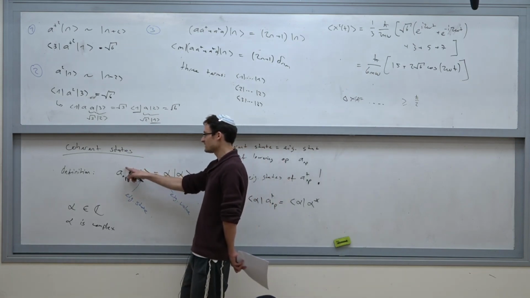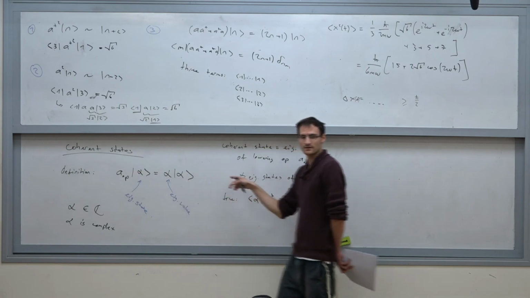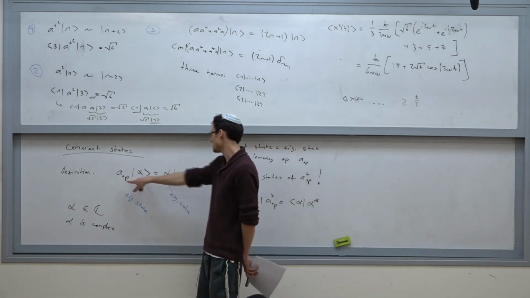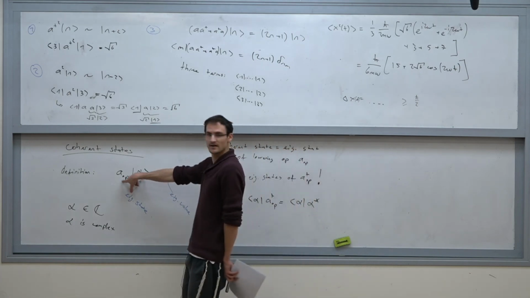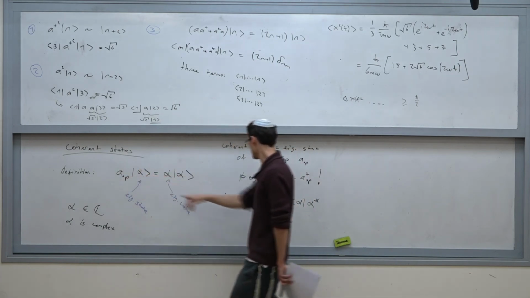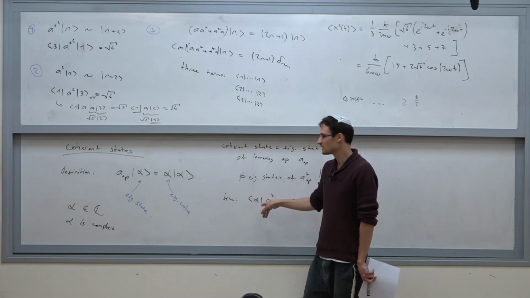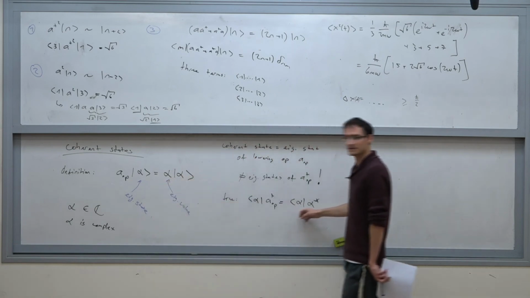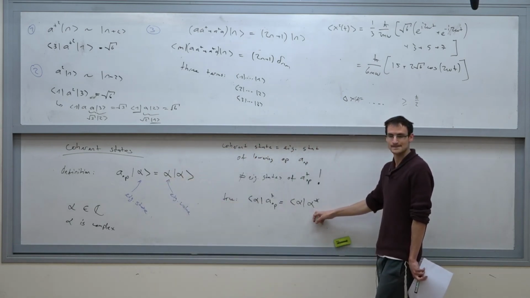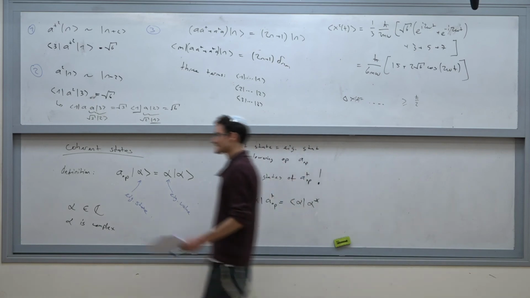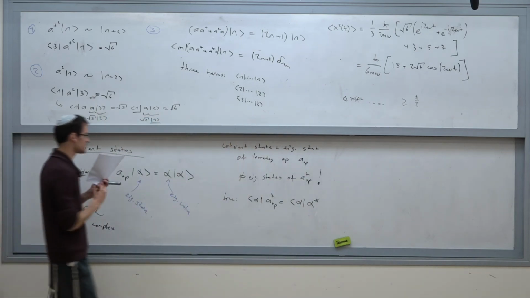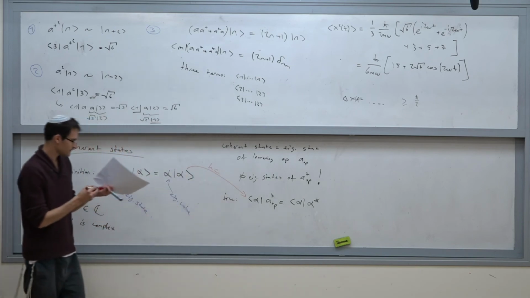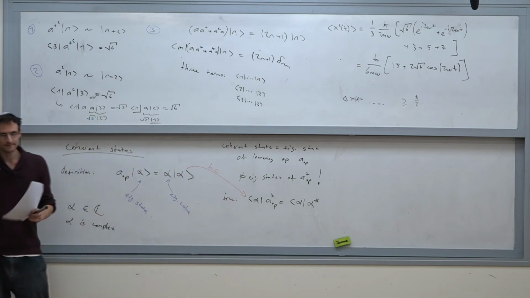But if I would add a dagger here, that would not be true. And you can check this right away, because you take the Hermitian conjugate on both sides. Remember, you have to switch the order, and then take the Hermitian conjugate of each single one. So if you take the Hermitian conjugate on both sides of this equation, you'll get this equation. In order to get from here to here, just take the Hermitian conjugate. Is that clear?